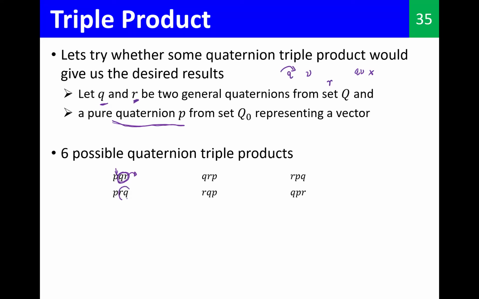R times Q is also giving me a quaternion. And similarly QR, RQ. So all these would resolve to a double product. So this will be another quaternion, and now P times that one. Again P times this guy, P times this one.